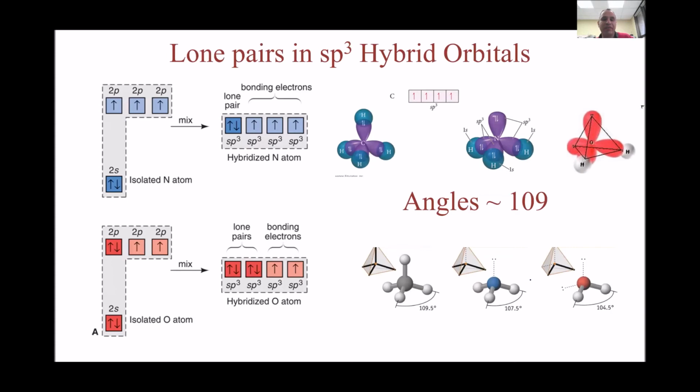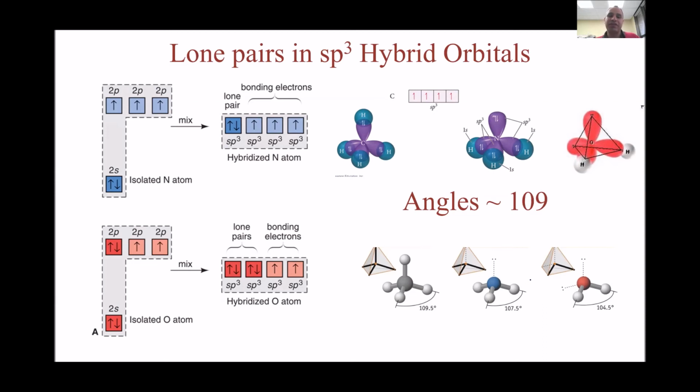So just to emphasize this fact, lone pairs are not going to contribute to the shape, however, they are going to affect it. For sp3 molecules, they have 4 sp3 hybrids around the central atom, but depending on the number of lone pairs that occupy some of these hybrids, the shape is going to be different.